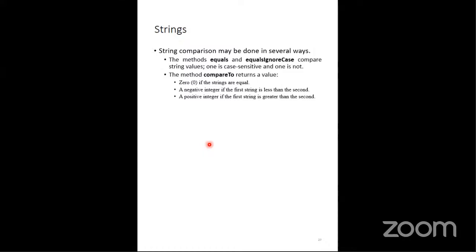There are various methods, and we will not go into details of every method, but there are some commonly used ones. The first, as I said, is charAt, because whenever you create a string, it is most likely that you would be interested in accessing individual characters. In that case, you can use the charAt method, which gives you the character at a given position.